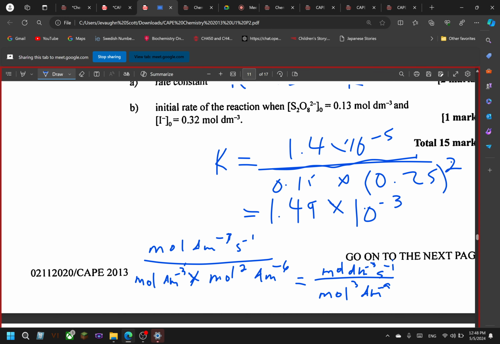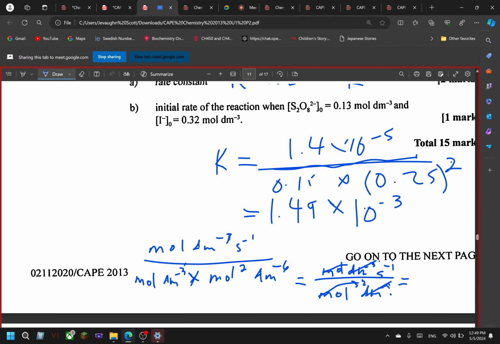Then we cancel the mole, and we get mole squared down here. We cancel dm cube, and we get dm to the negative 6 down here.